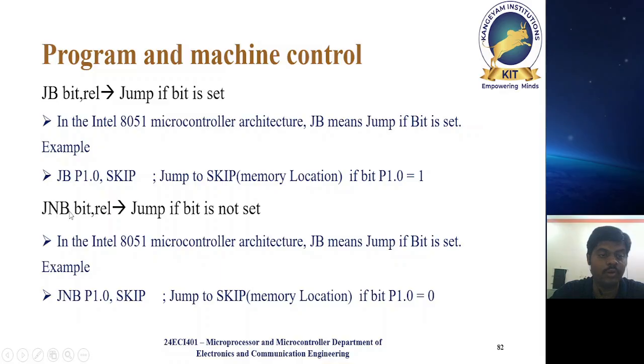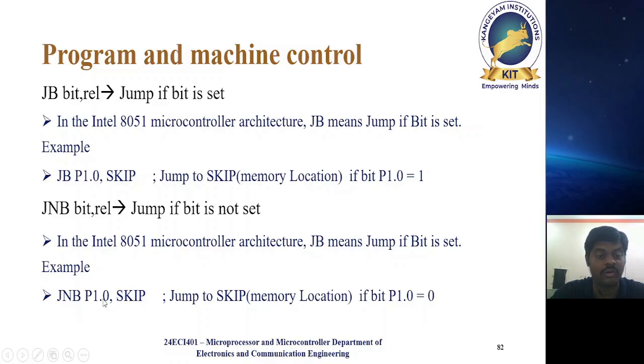Here we check whether the value of the bit is equal to 0. If it is 0, the condition becomes true, and the control will be transferred to the given memory location. In these two instructions we can check any bit, which may be a port bit or a carry bit, anything. We check the value of the bit, and if the value is 1, jump on bit becomes a true condition.